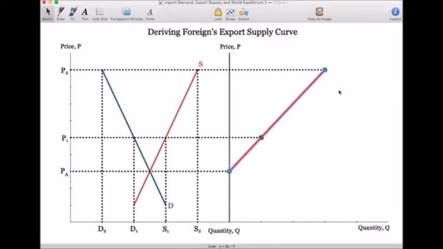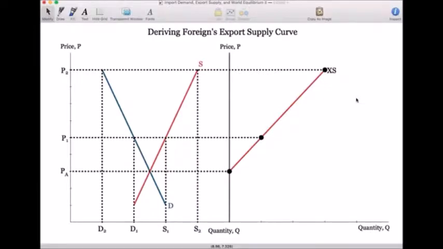There we go. And let me label that XS for export supply. Let me change the font there, make it consistent again. So that is our export supply.